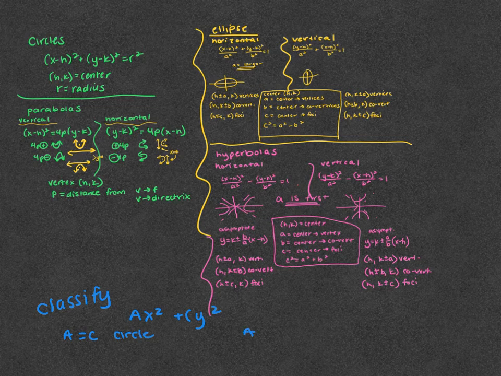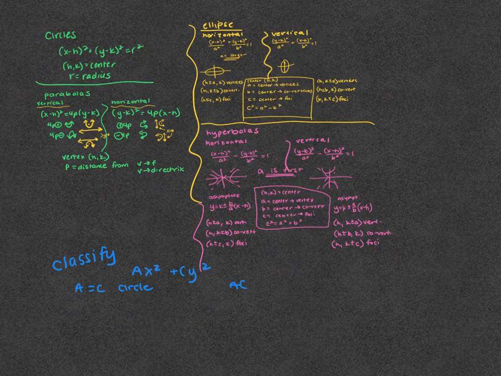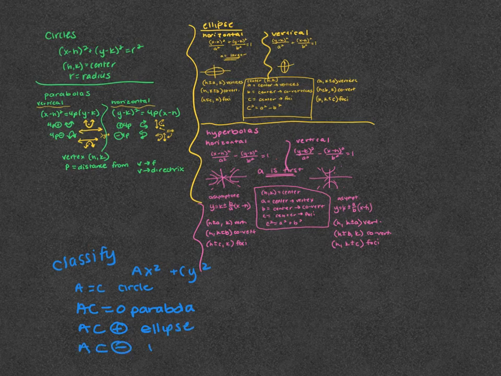If A times C is 0, it's a parabola. If A times C is positive, then it's an ellipse. And if A times C is negative, then it's a hyperbola. You're only going to get one question on there, but you will get one question, so that should be an easy one.